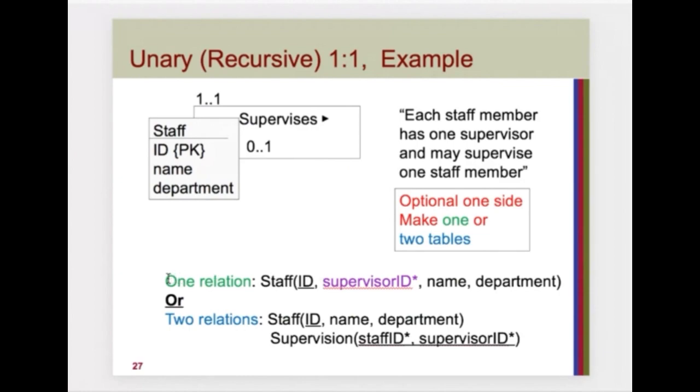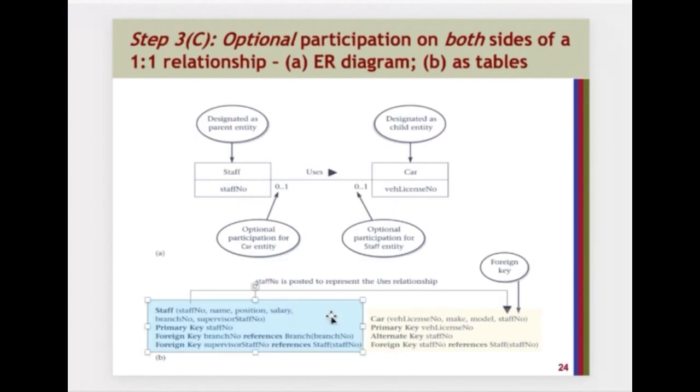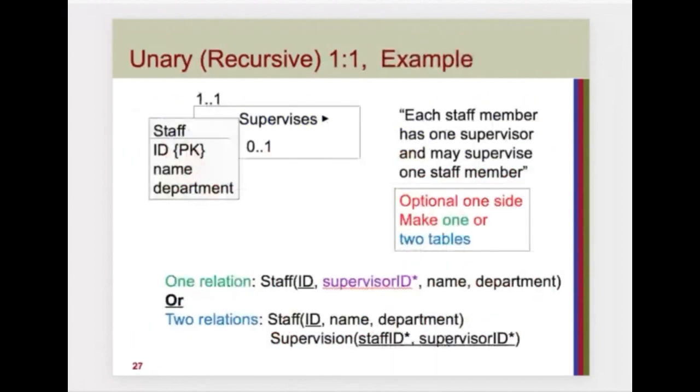In case we make one relation, it's here. Let me copy it the same way that we have been doing before, so that you can easily watch it. So it's one relation, and you can make two relations also.